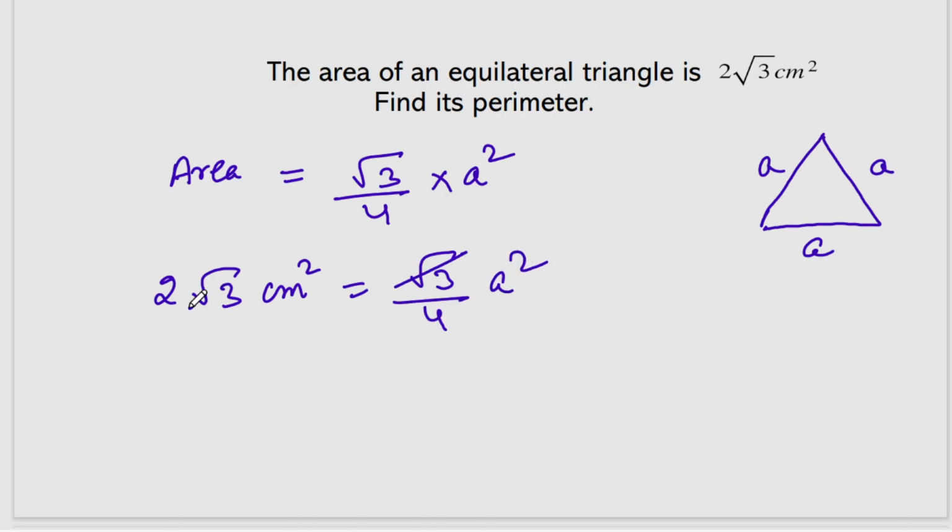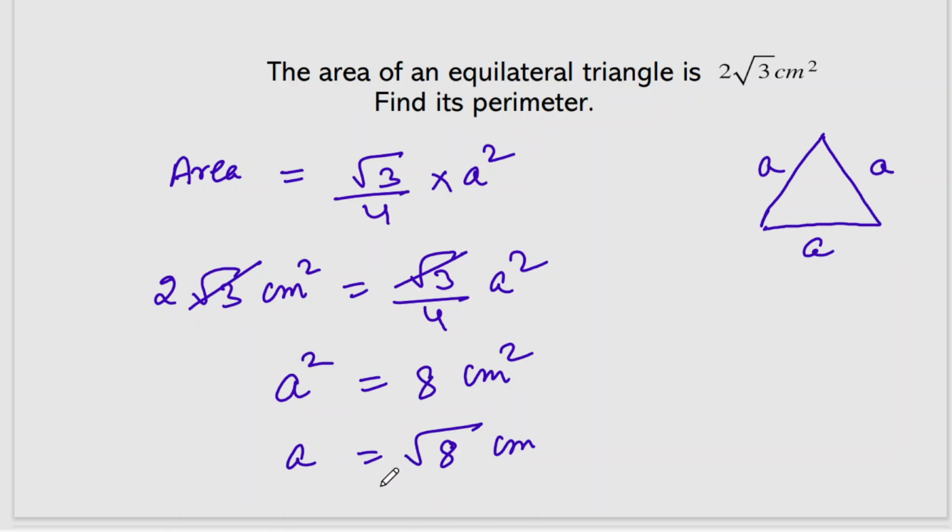So root 3 will get cancelled out. So a square will be equal to 8 centimeter square. So a will be under root 8 centimeter. So you can say it is 2 root 2 centimeter.